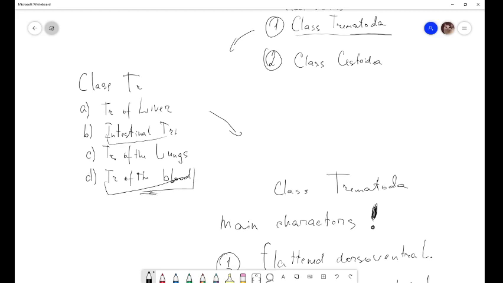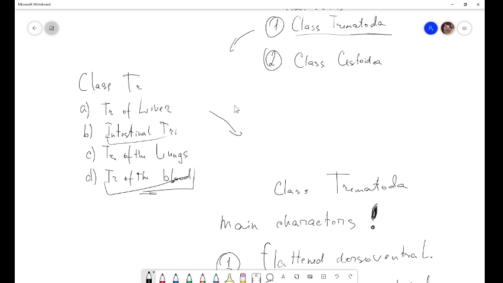The last one is a very dangerous and carcinogenic trematode. Okay, but for now, we must know what the main characters of class Trematoda are.